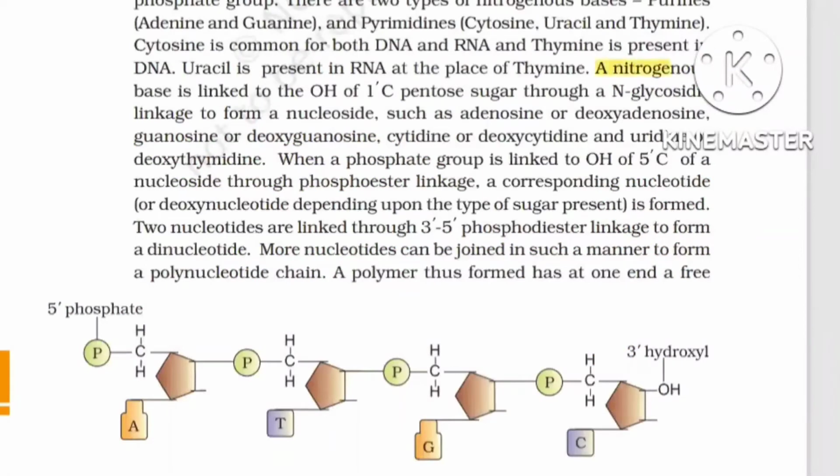See, a nitrogenous base is attached to the OH of the first pentose sugar through N-glycosidic linkage to form a nucleoside. Which carbon? First carbon of the sugar. The first carbon of sugar is always used. And now, if you see in the diagram, adenine is 2 ring.